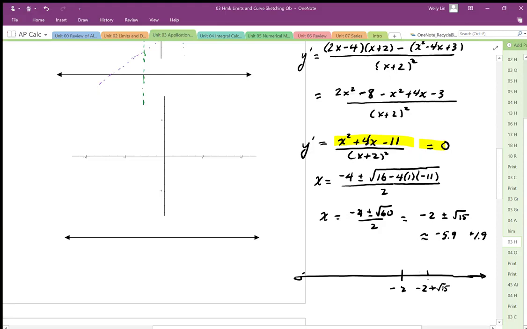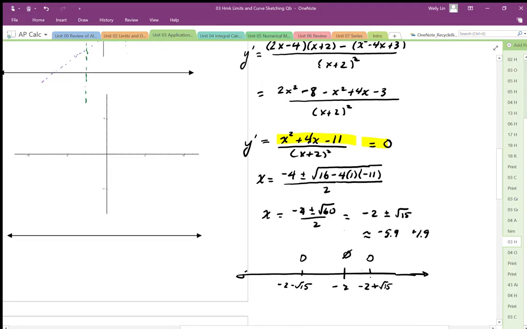So that's positive. And then we're going to have -2 minus root 15 on this side. And here's our vertical asymptote, so that is an undefined value. We have 0 slopes here. We should test those slopes.